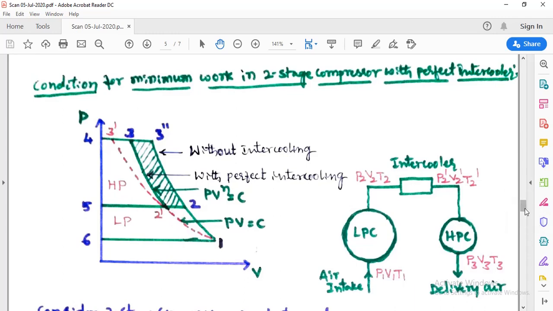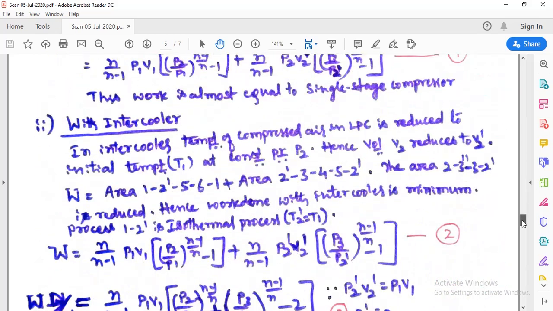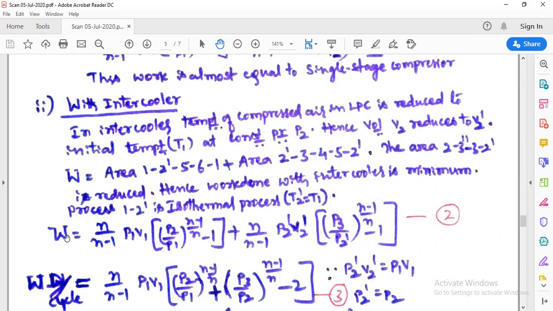So we can write the equation for this intercooler case. Work done per cycle is equal to n divided by n minus 1 P1 V1 into (P2 by P1) whole to the power of (n minus 1) divided by n, minus 1, plus n divided by n minus 1 P2 dash V2 dash, which is the initial point, into (P3 by P2 dash) whole to the power of (n minus 1) divided by n, minus 1.